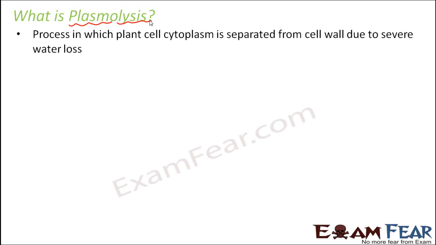When it loses a lot of water, a situation arises where the cytoplasm gets widely separated from the cell wall, and this separation of cytoplasm from cell wall is known as plasmolysis, because the connection between the cytoplasm and the cell wall is getting cut down or broken down, and that is why the name is plasmolysis.